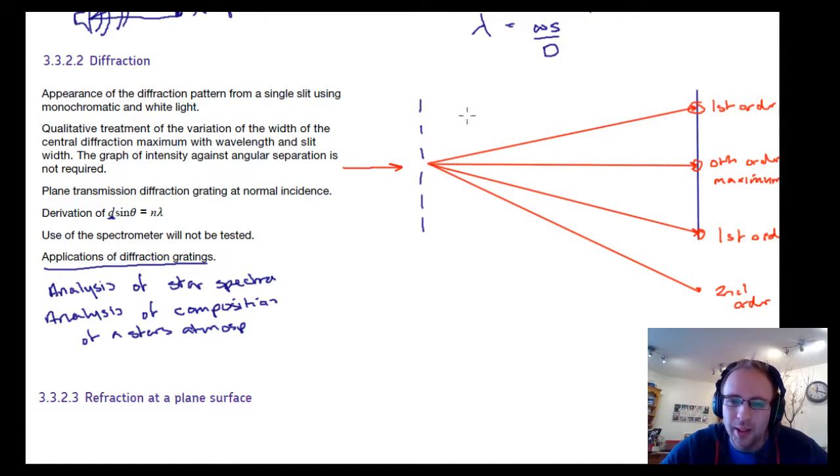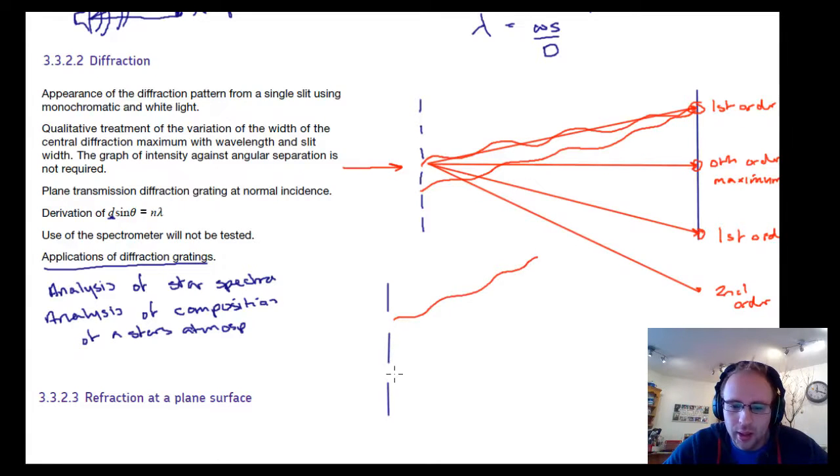If we think about this one up here, we've got waves coming from this slit and from this slit. We know that they're coherent. If we zoom in on that spot there, then we've got two slits like this. We've got our light going away like this, eventually meeting up to be our first order maxima.